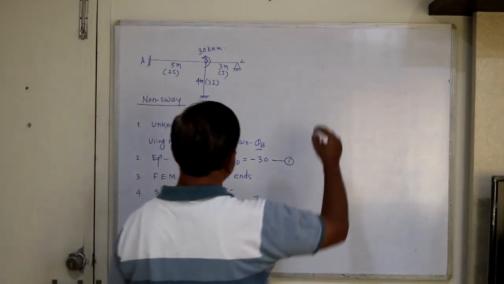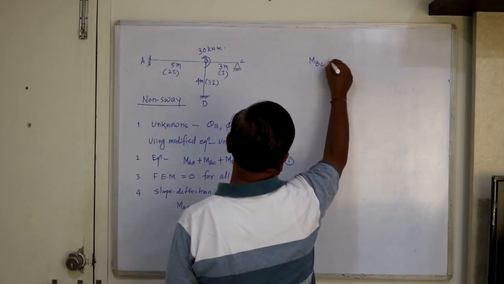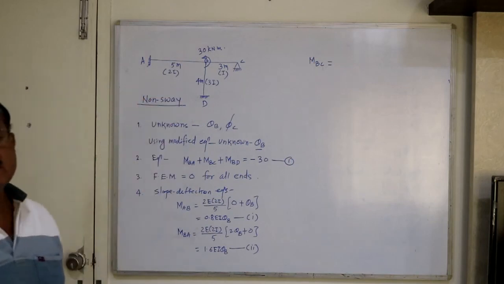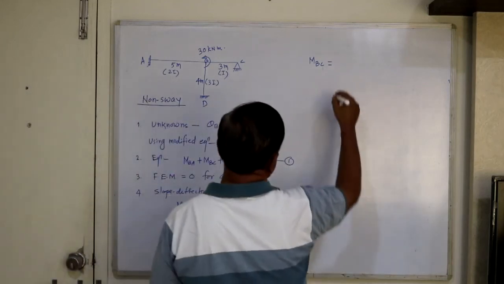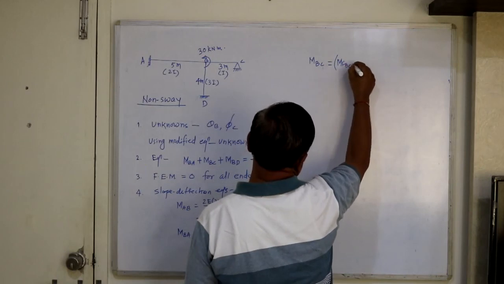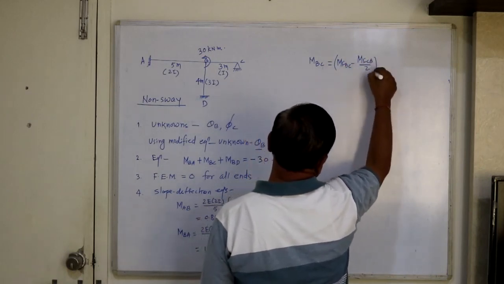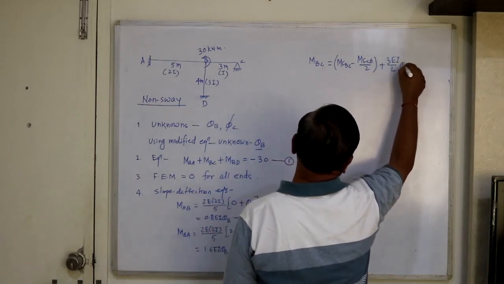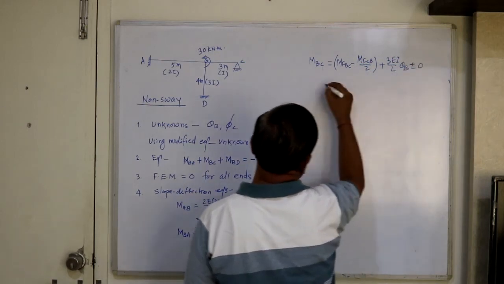Then MBC. Now for MBC, use the modified equation, because the far end C is a hinge support. So therefore the modified equation is MFBC minus MFCB upon 2 plus 3EI upon L theta B, and no delta term, so this is 0.